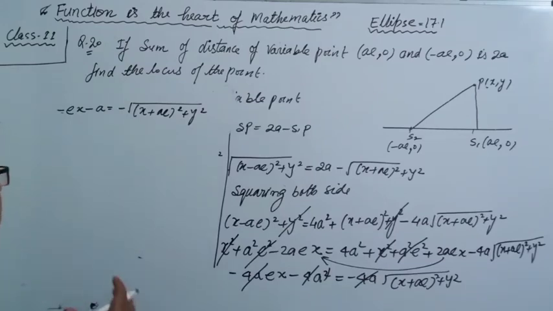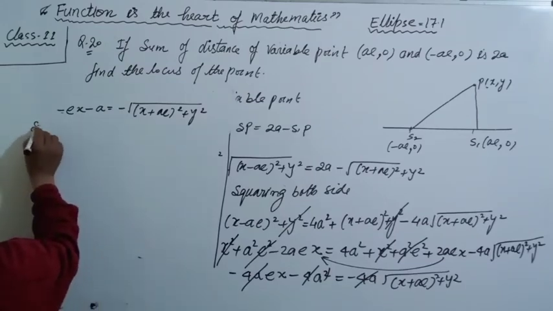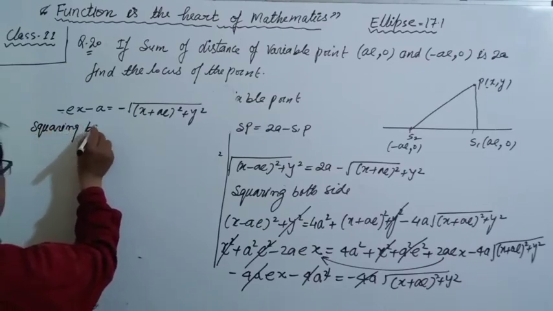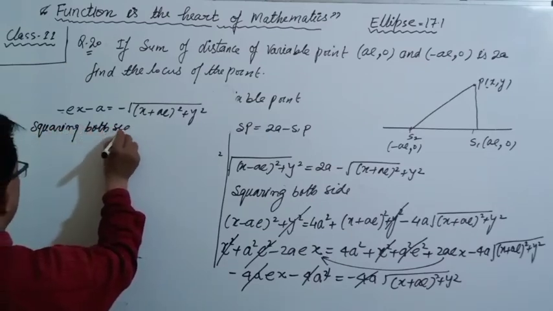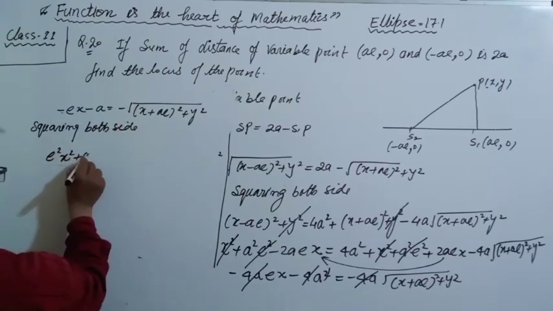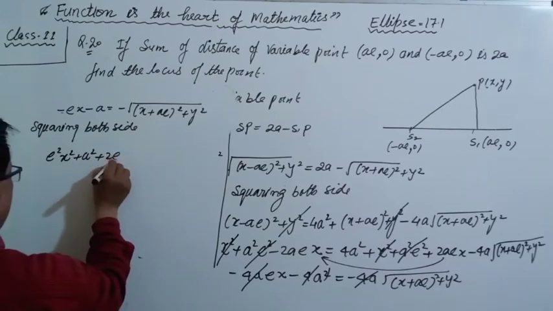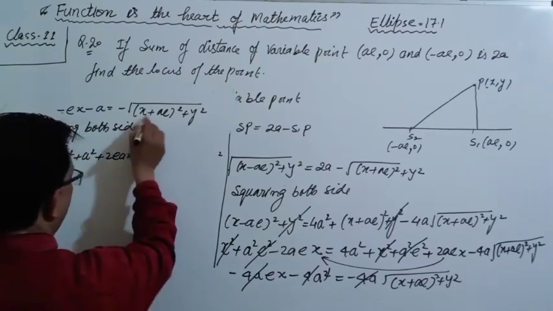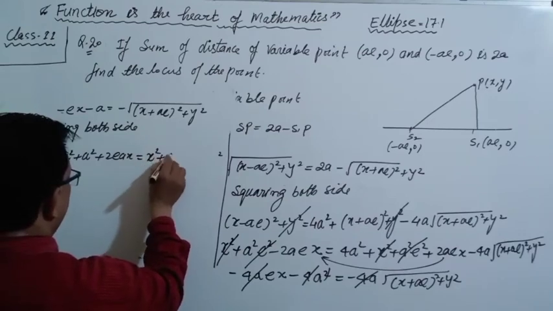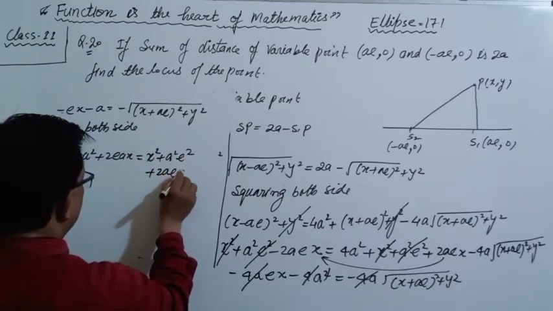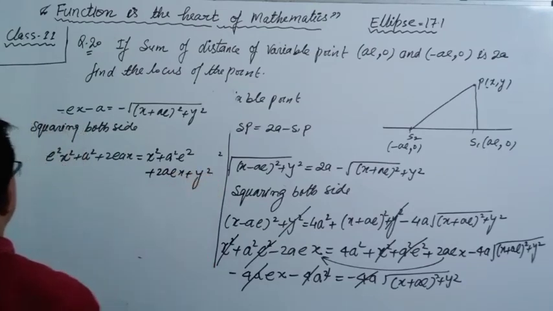Again squaring both sides. We get e square x square plus a square plus 2eax is equal to, here we open the bracket, x square plus a square e square plus 2aex plus y square.